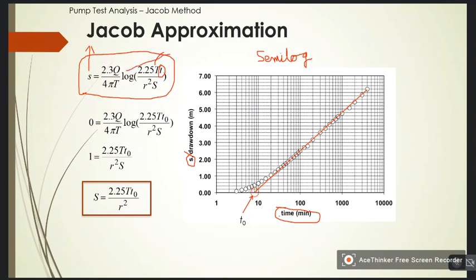So you have to draw a graph between log T and S.